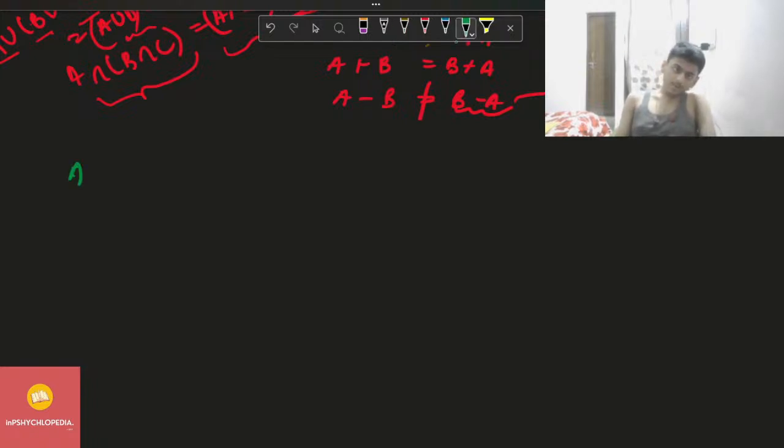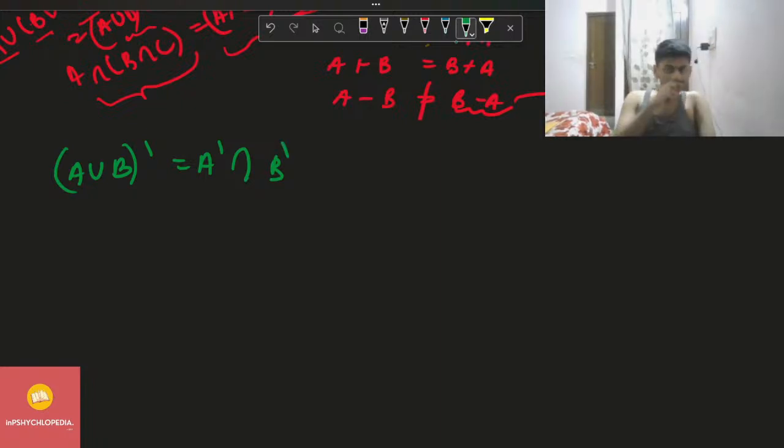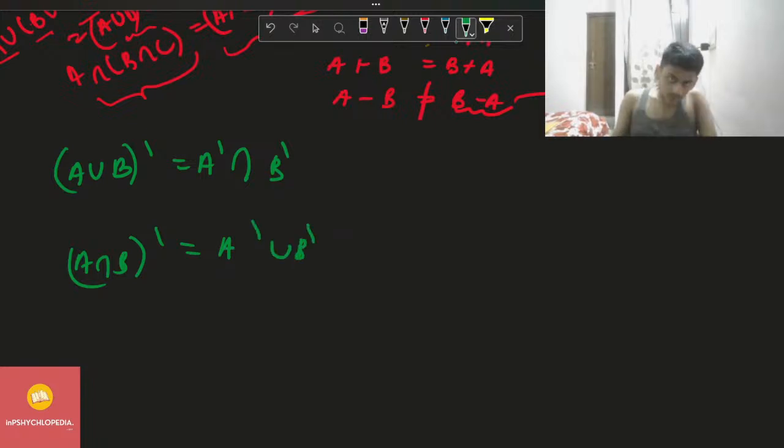The complement of (A union B) is equal to A complement intersection B complement, and then the complement of (A intersection B) is equal to A complement union B complement. So complement also behaves like negative. So yes, in this case this comes out to be like that.